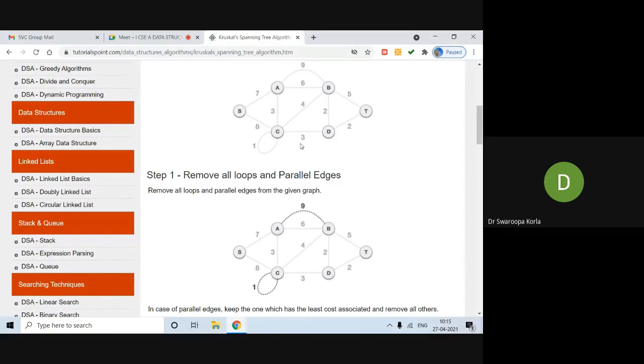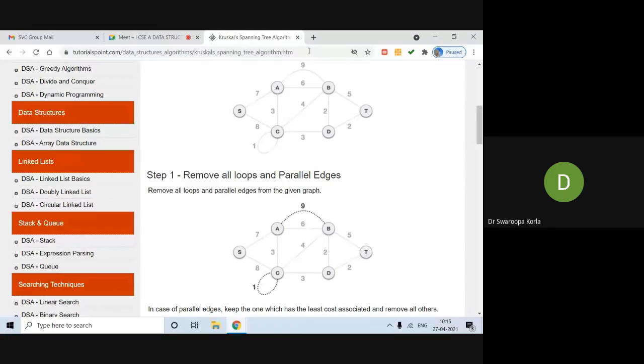A loop is nothing but the edge that starts from a vertex and reaches the same vertex. And a parallel edge is nothing but more than one edge presented between two vertices. Between the two vertices more than one connecting line is presented. This is what a parallel edge.